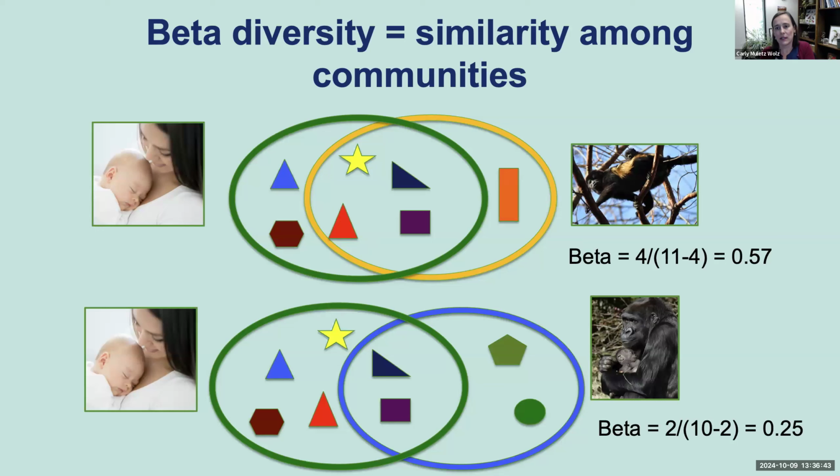And then we're also interested in this community sharing. This is beta diversity, the next level, figuring out how many of those bacterial species are actually shared. So for instance, humans and mantled howler monkeys may share more of a community, and so they have a higher similarity score versus the gorilla and humans, which may share less.